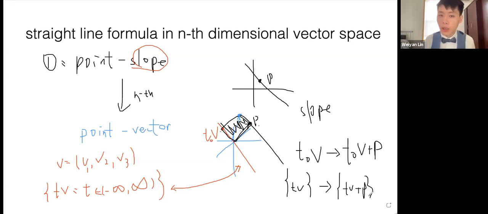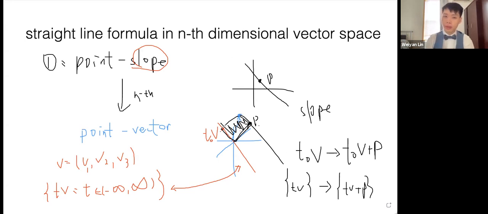So that's how we can obtain a formula for a straight line in n-dimensional vector space. First, we know a vector that is parallel to this line.